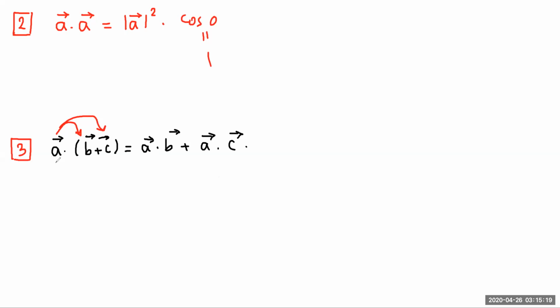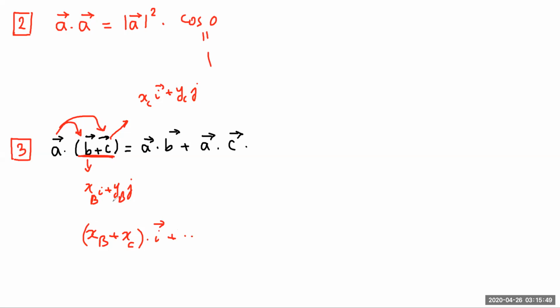In fact, to prove that, suppose the vector B is xb times i plus yb times j, and the vector C is xc times i plus yc times j. So what is the addition of these two vectors? It will be xb plus xc times i plus etc.